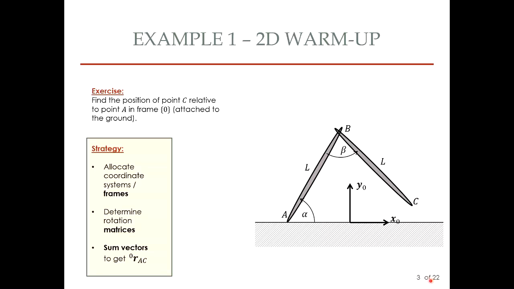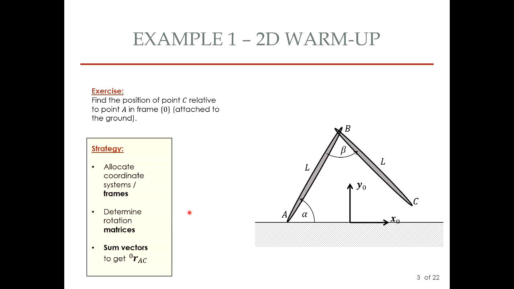So the way to go in general, you will see this rectangle here. This is what we will apply for each of the 4 examples in this lecture. The first thing would be to assign coordinate systems in a convenient way to work with. So the first thing is just to stick axes onto this figure, and then determine rotation matrices.